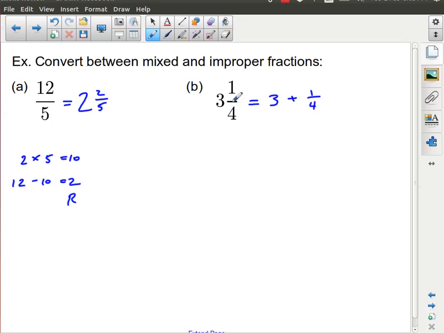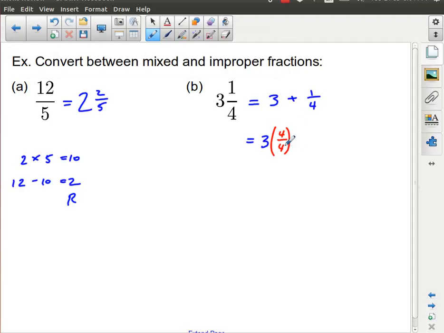But if we want to do 3 1/4, well, that would mean, if we think of this literally as 3 wholes, that's the same as 3. But what is a whole when we're talking about quarters? Well, a whole would be 4 out of 4.